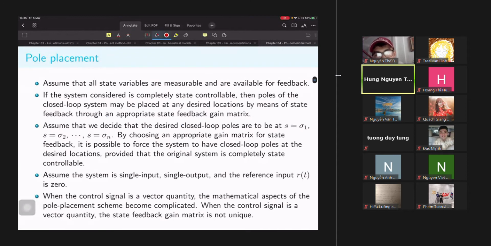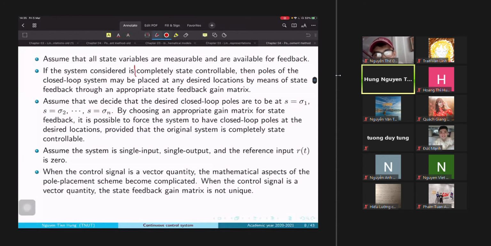State controllable means that we can put the state variables at any point we want in finite time. Sometimes you can place the poles or eigenvalues at any point, but if the time is infinite, it is not controllable, because the definition requires a finite time.